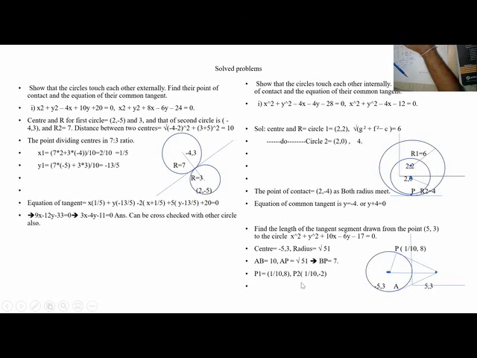So you can find out the point also. What is this point? We can find it out. This point is found assuming (x, y). Then we have the distance: x minus 5 whole square plus y minus 3 whole square is equal to 7 square.